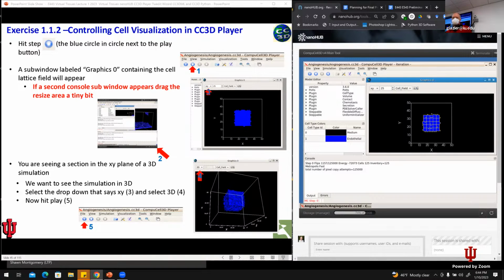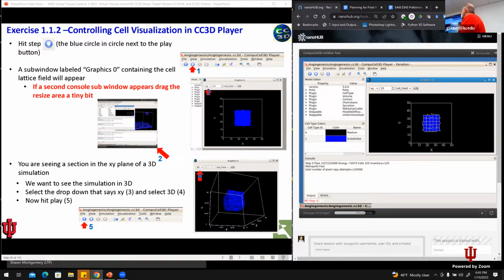Let me talk a little bit about one of the exercises we're going to be trying to do now, which is just to get familiar with how to manipulate visualization in CompuCell. So you're running locally or are you running on nanoHUB? The visualization is a tiny bit different on the two.